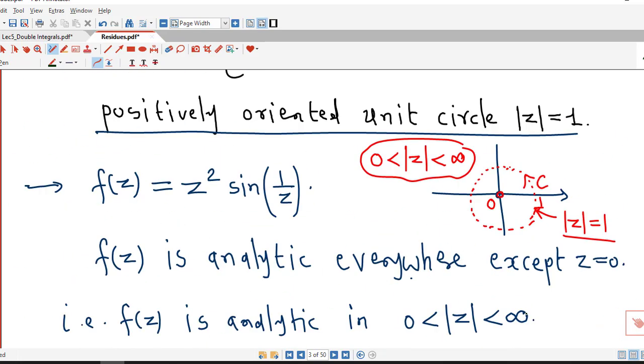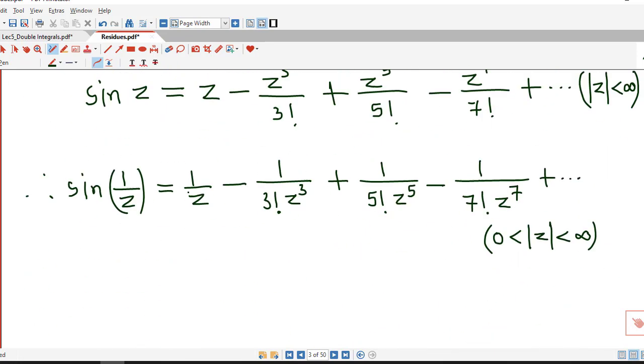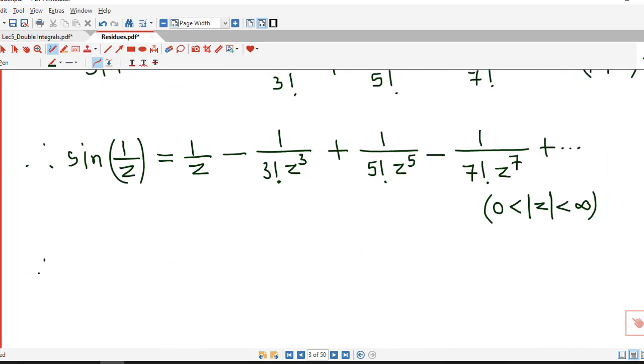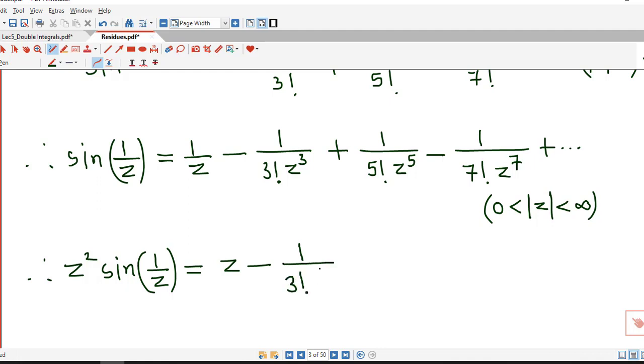And here our function is z square times sine 1 by z, so we multiply both sides by z square. So z square times sine 1 by z is equal to, here one z will cancel out, minus 1 by 3 factorial z square by z cube, that is z, plus 1 by 5 factorial, here we will have z cube, because z square divided by z raised to 5 is z raised to minus 3.